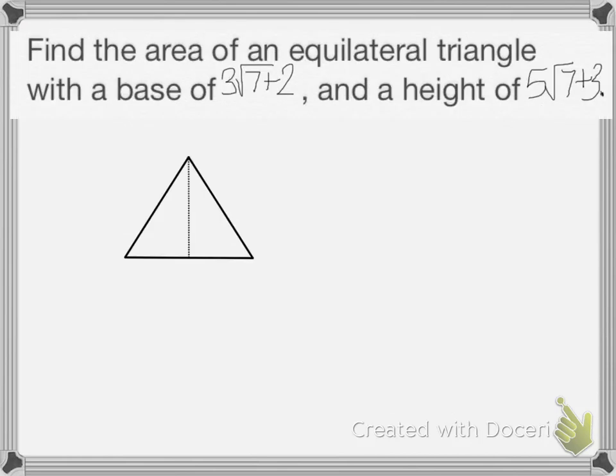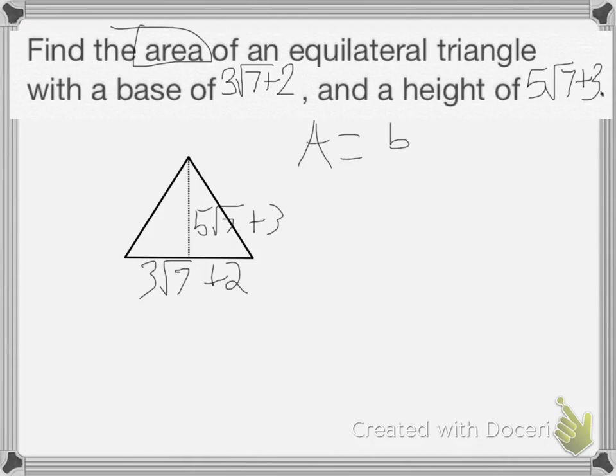So now let's find the area of an equilateral triangle. And the base is 3 square root of 7 plus 2. And the height is 5 square root of 7 plus 3. And the formula is area equals base times height divided by 2.